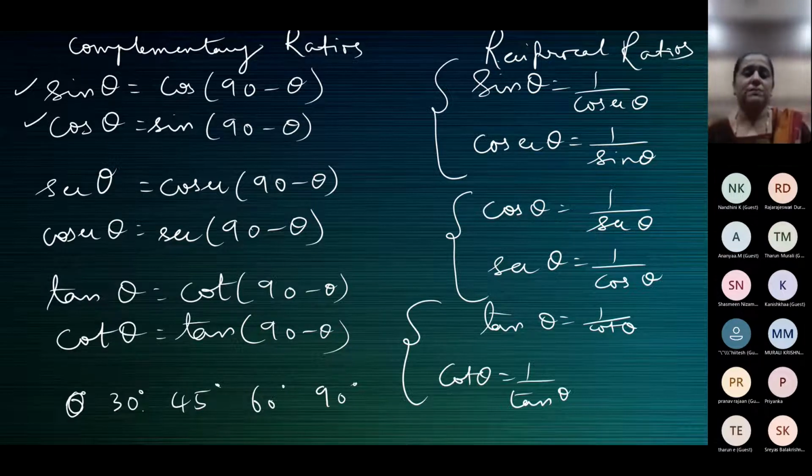You have a table in your book, showing the 6 T ratios and the standard angles with their values.